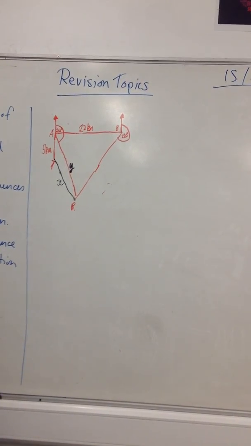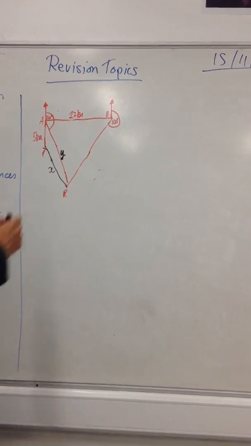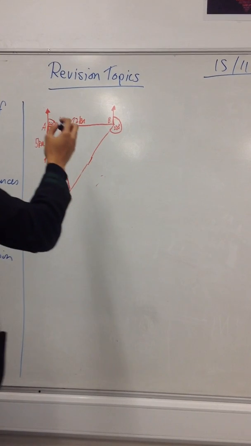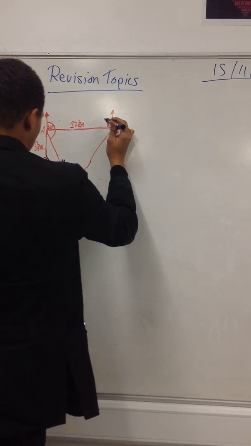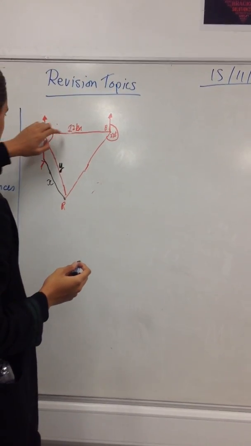Now to get Y, you need to get all three of these angles. To get angle A up here, we know that these two angles are right angles because this is due north, so it's perpendicular to this line.